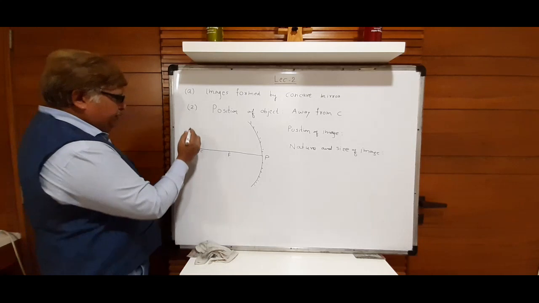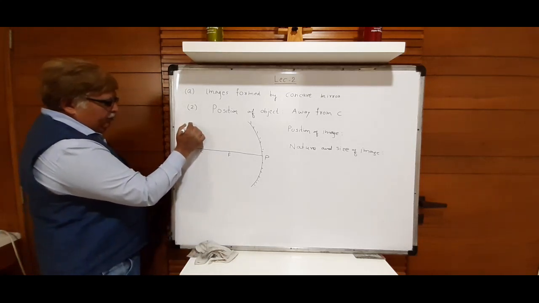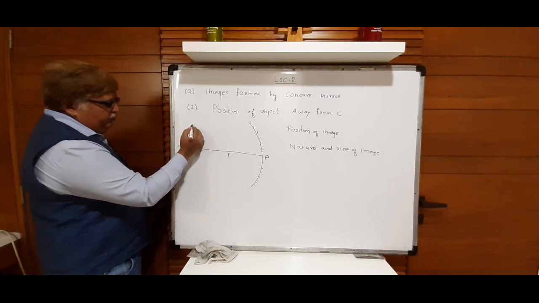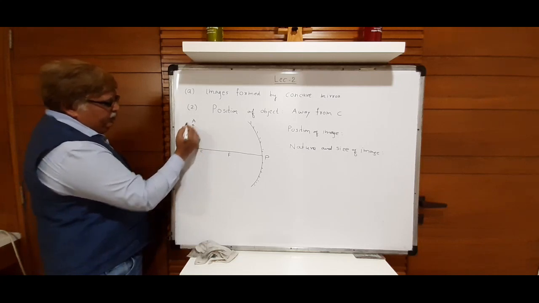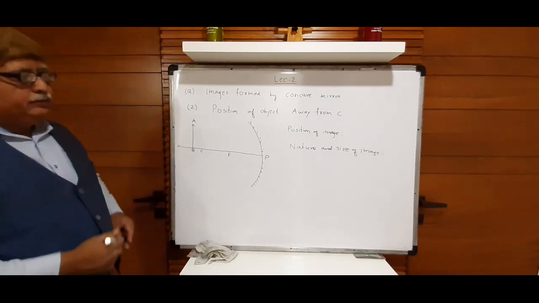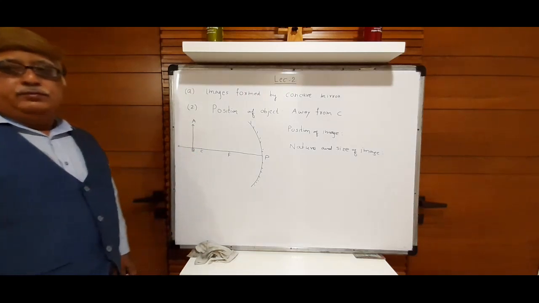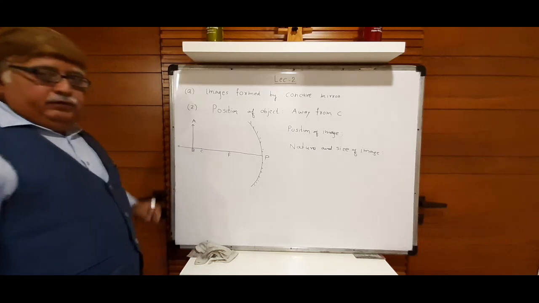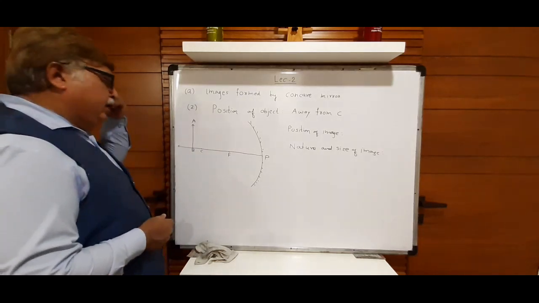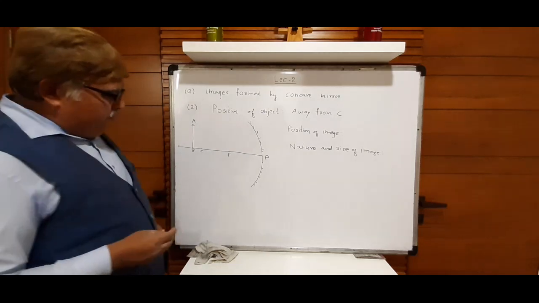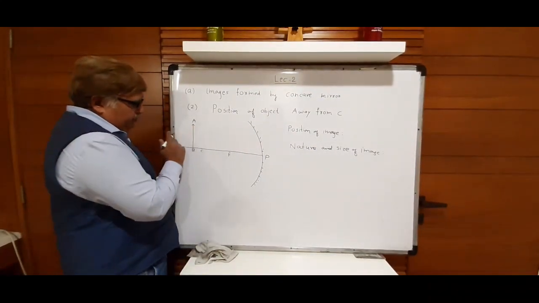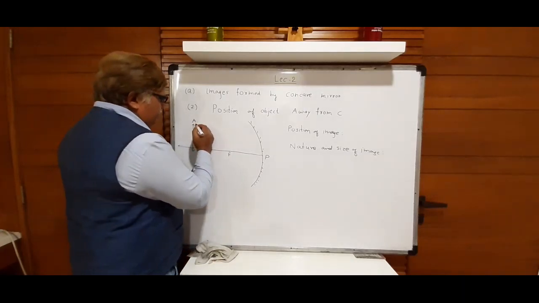Object is to be kept away from center of curvature. Suppose the object is somewhere here. AB is the object. Away from center of curvature. Now, as you know, object is away from center of curvature.